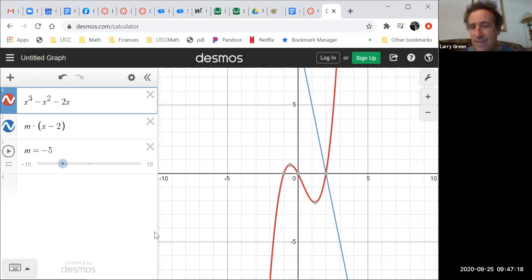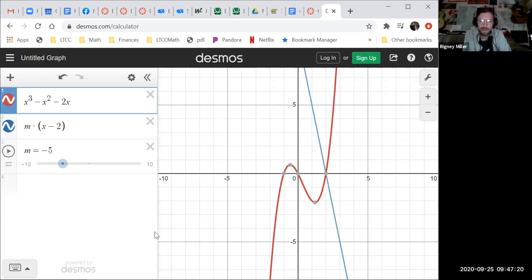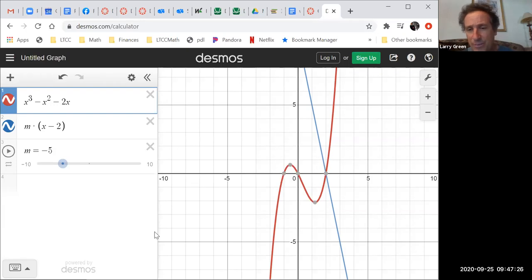It doesn't have the same slope. It shouldn't cross. It's not supposed to cross the curve. What's it supposed to do at that point? It's supposed to touch the curve, rest on the curve, just at the one point.